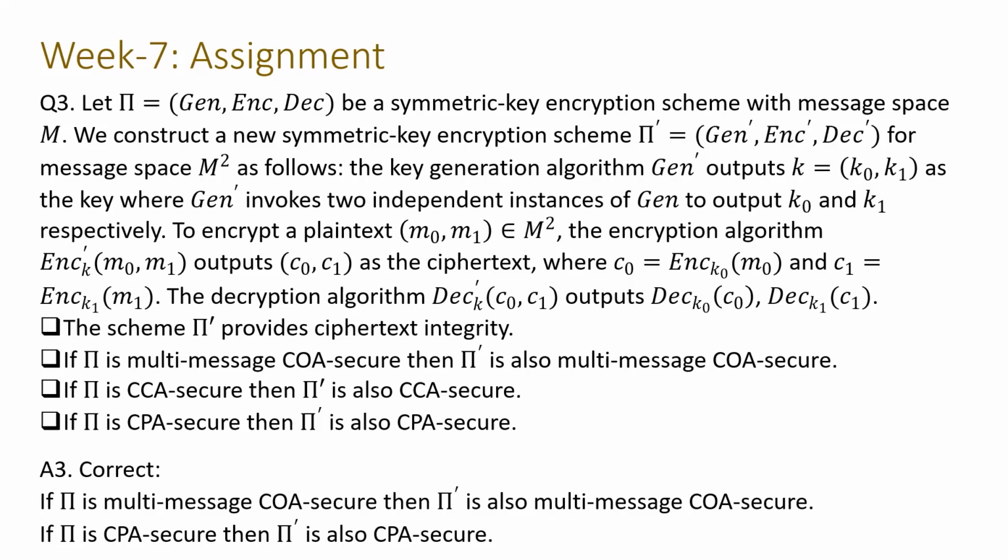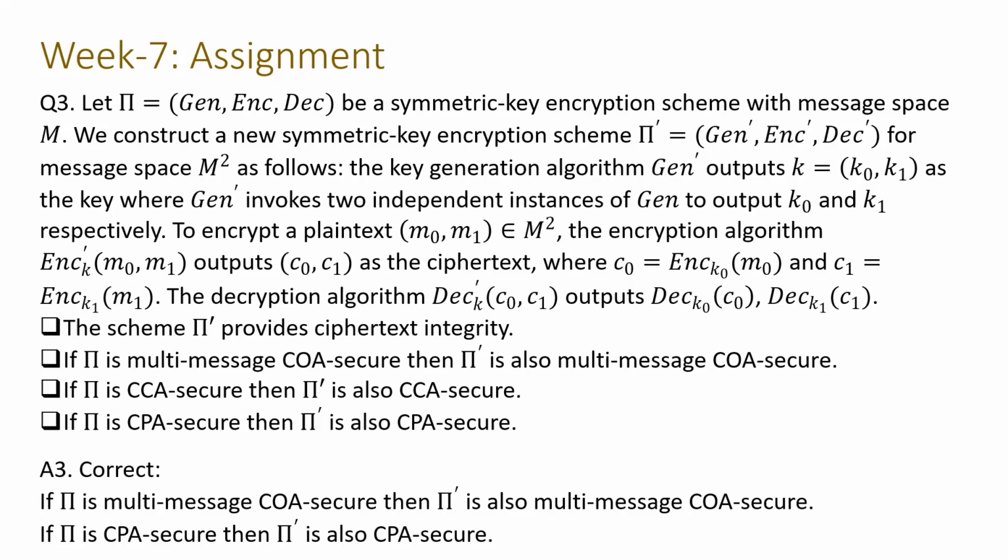And how are each of these Ci0, Ci1 computed? Each Ci0 is the encryption of Mi0 with respect to key K0, and each Ci1 is the encryption of Mi1 with respect to key K1.